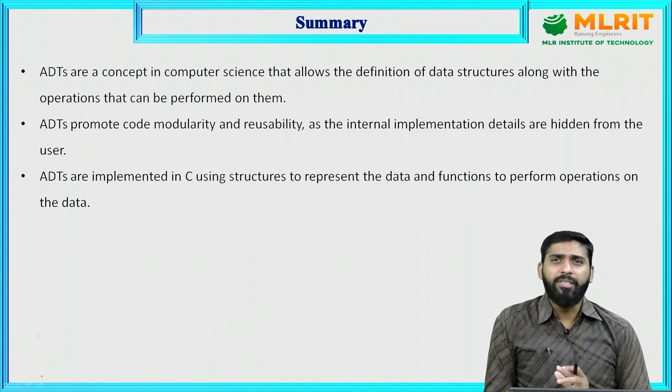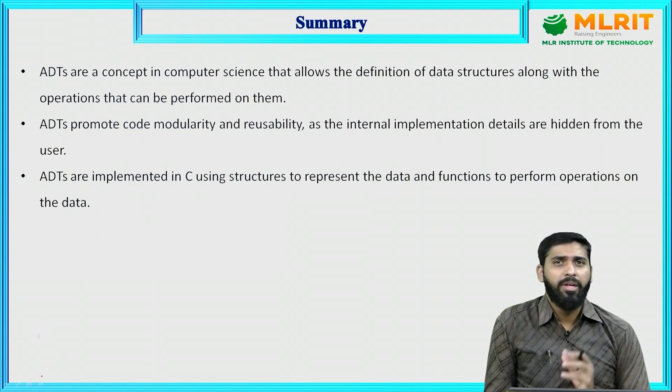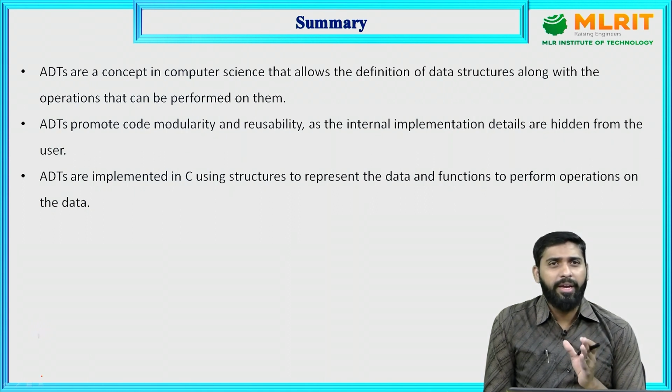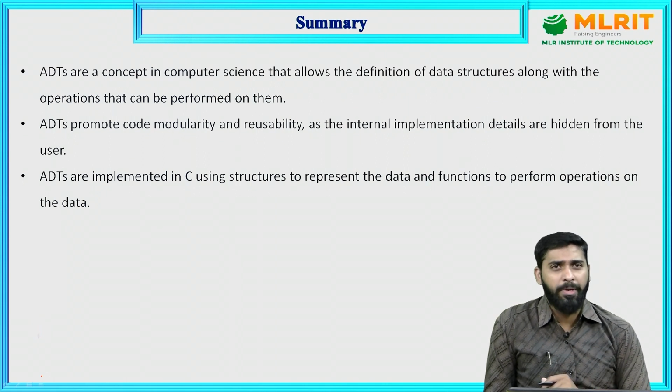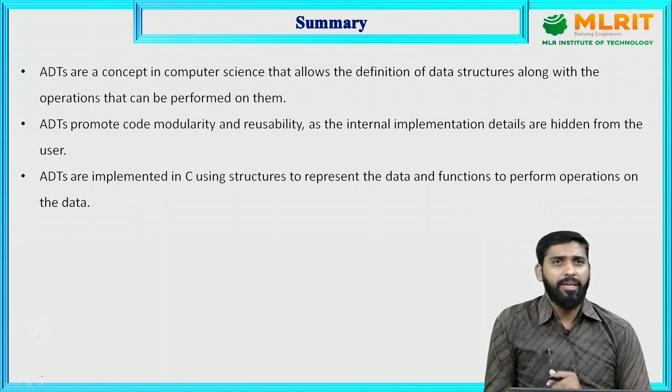ADTs are implemented in C using structures to represent the data and functions to perform operations on the data. In our example, the structure represents the data, meaning date is a structure containing day, month, year, and the functions to perform operations are create date, get day, get month and get year.